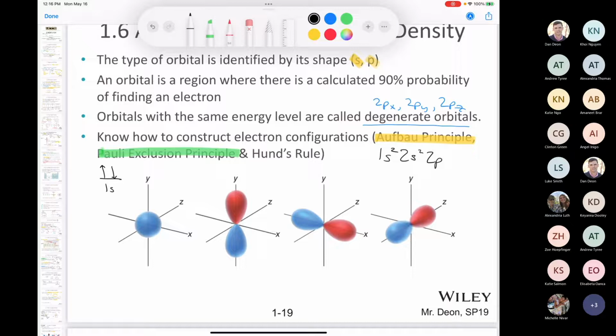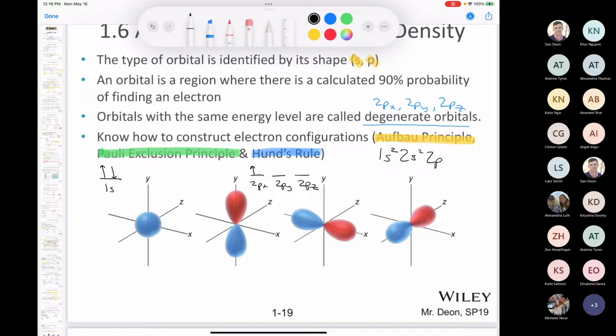The last one, which I got ahead of myself on, was Hund's rule. Hund's rule means that you want to have the maximum amount of electrons with unpaired spins in degenerate orbitals. Put another way, let's say you have three 2p orbitals: a 2px, a 2py, and a 2pz. When you start putting electrons in, you'll put one here.